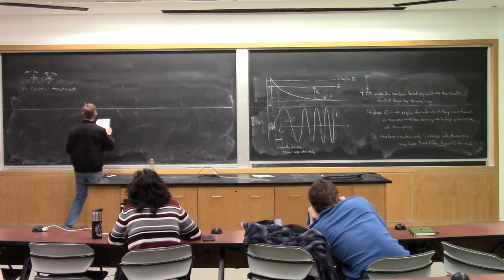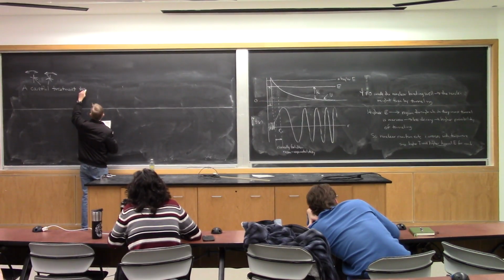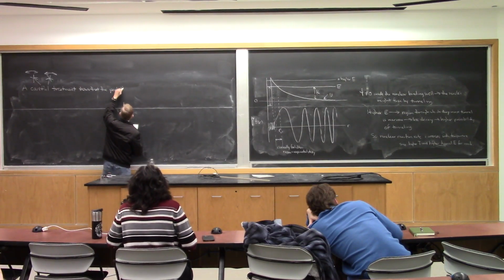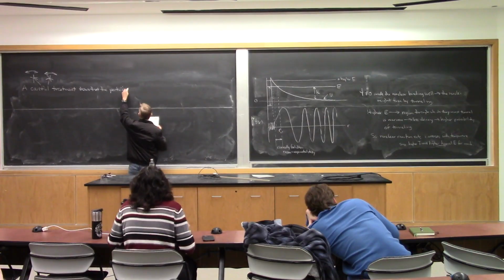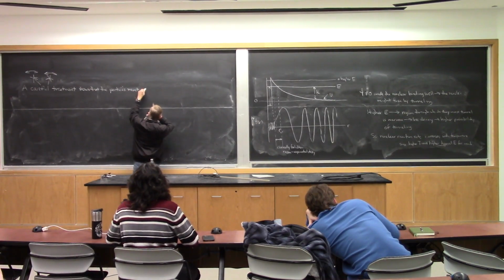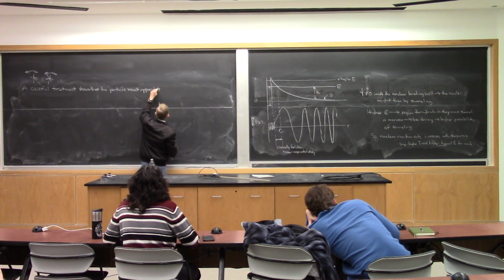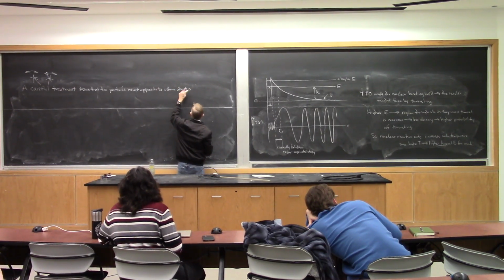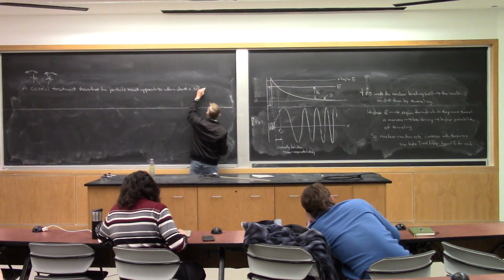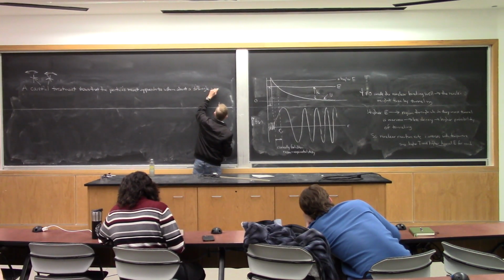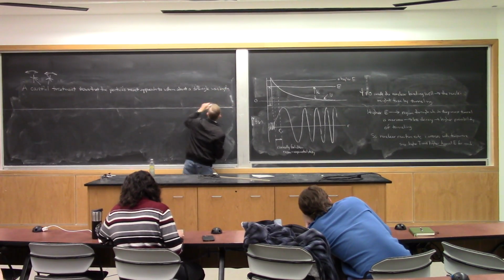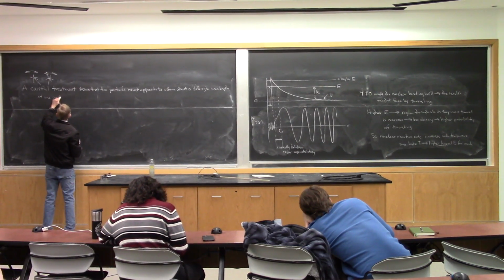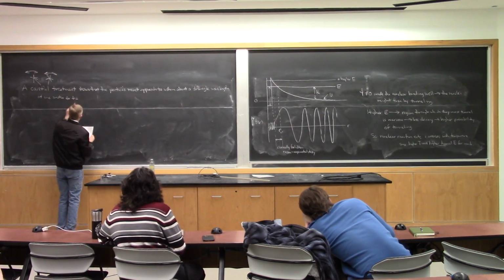So a careful treatment shows that the particles must approach to within about a de Broglie wavelength of one another for there to be a significant probability of tunneling.